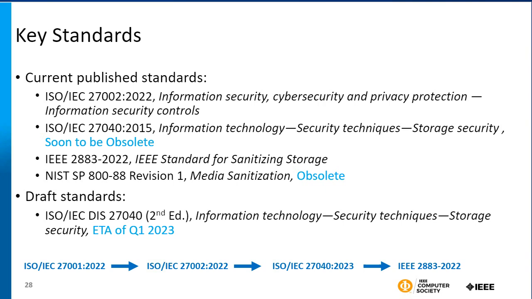I'm a little optimistic. You should be able to buy this new version in probably the next 3 weeks, maybe 4 weeks. This is going to send a shockwave through the security community when this new puppy arrives. But then this linkage is going to be key. And notice 27040 is marked as 2023. So we're projecting that the security community is going to be taking serious note of this sequence, if you will.